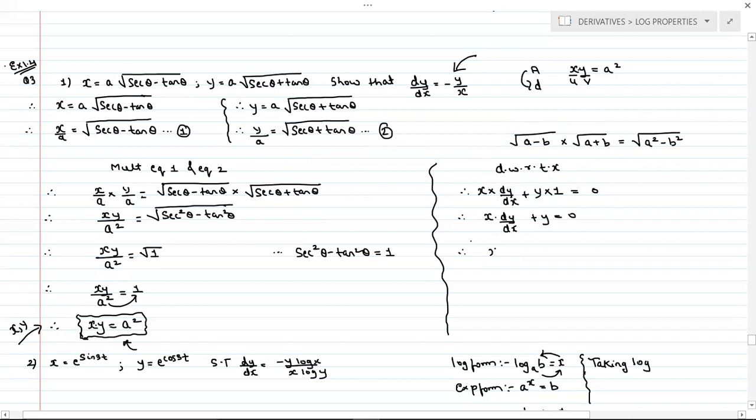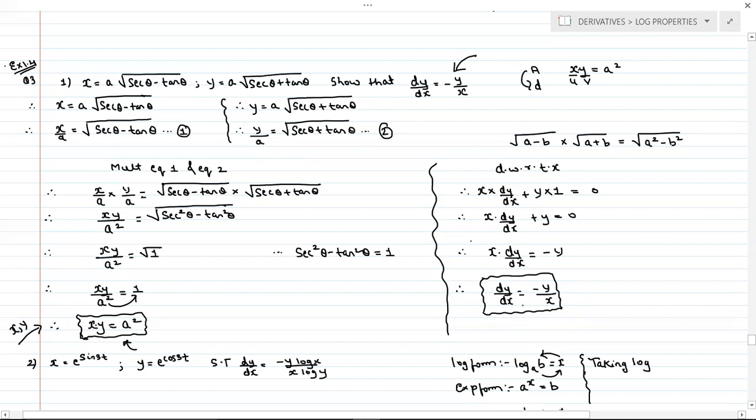So therefore x into dy by dx, we will shift this plus y to the right hand side. So here we will get minus y. Okay, so after this, dy by dx will keep as it is. Now we'll shift this x down. Okay, so here we got the final answer. So that is dy by dx equals to minus y by x.